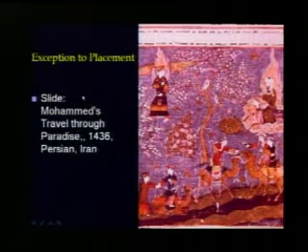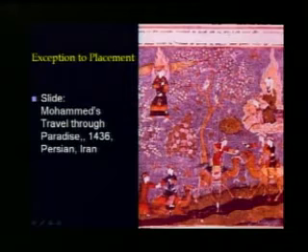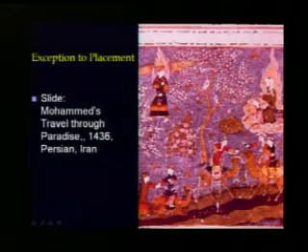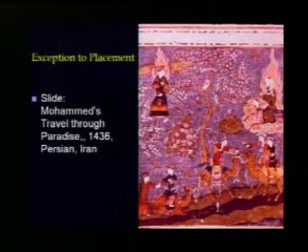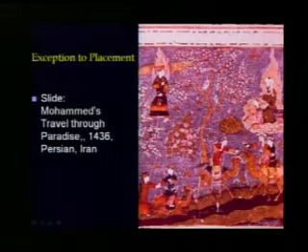For example, here we're looking at a Persian work. And this figure that is high up in this composition actually seems to be larger than these figures down here. And this figure is not meant to be read as being farther away than the figures that are down at the bottom.